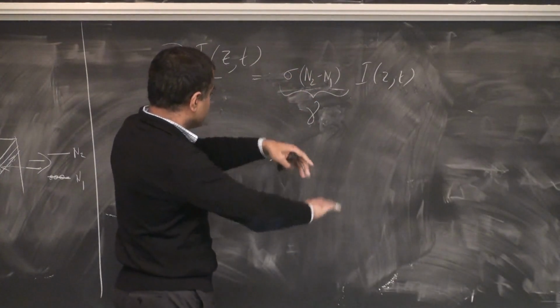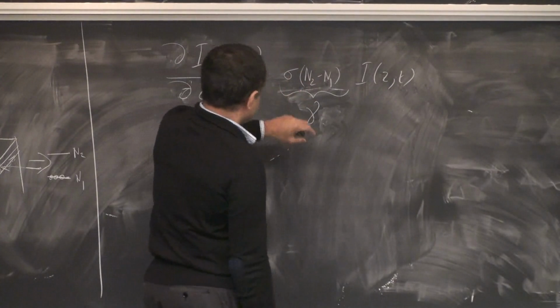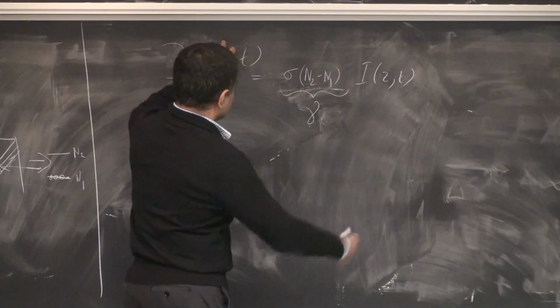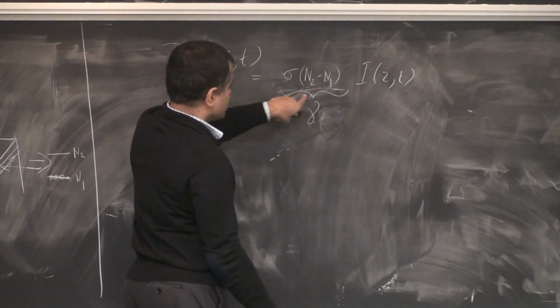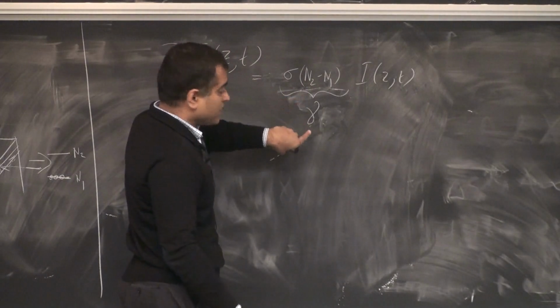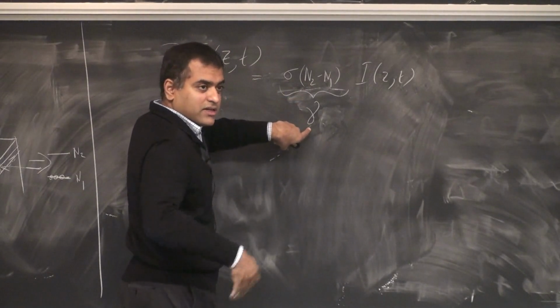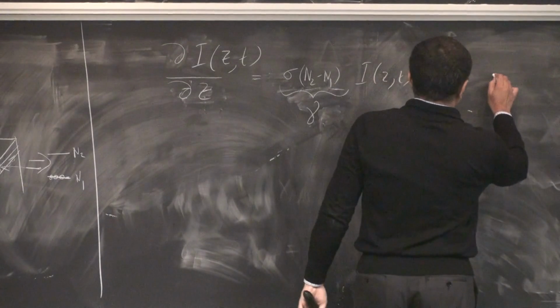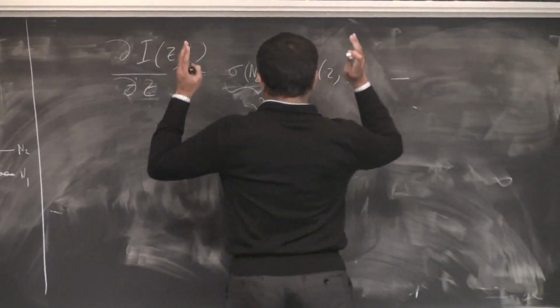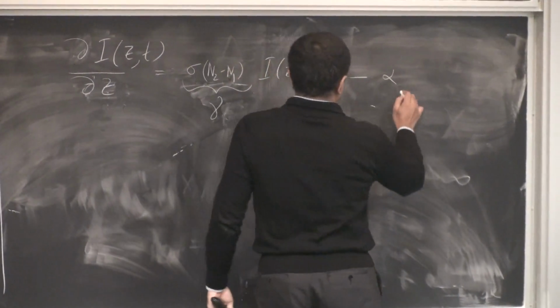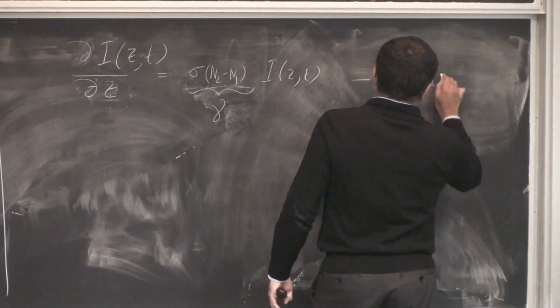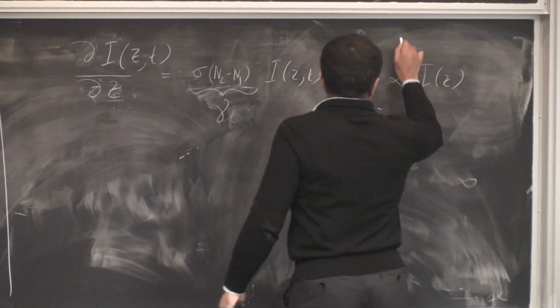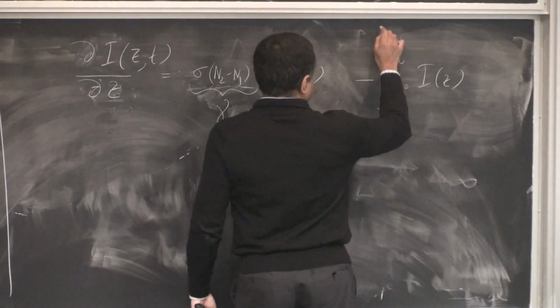If I have nothing else, then the intensity will grow exponentially, because the solution to this equation is an exponential, e to the power gamma z, so you get a gain. But then you always have a little bit of loss.